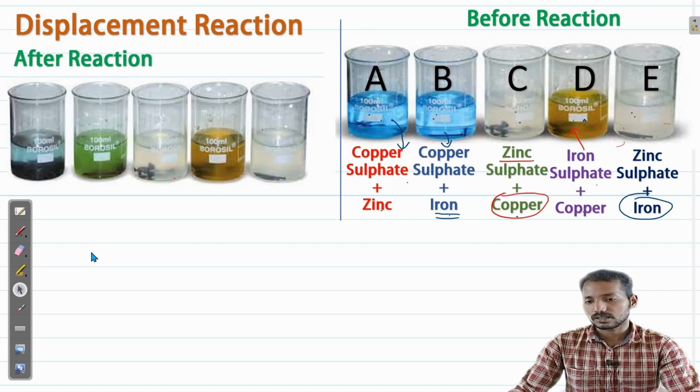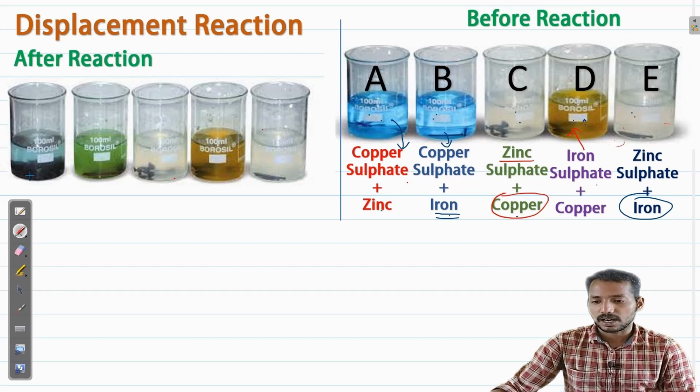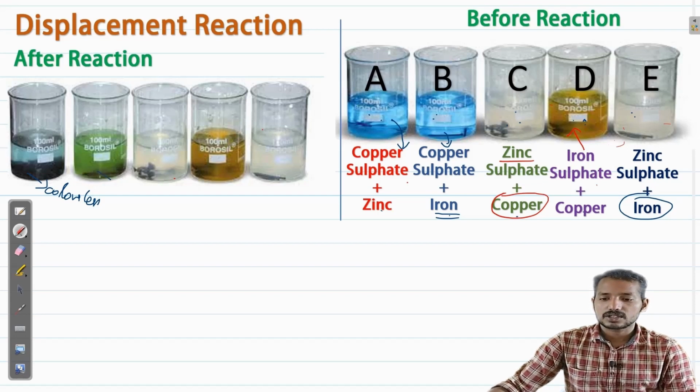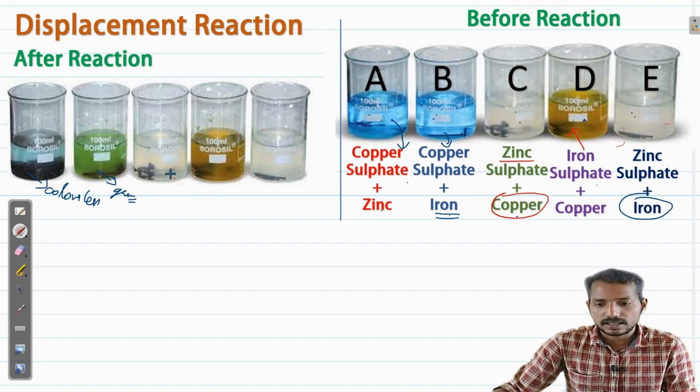After the reaction you can see this one. What happened here actually? This has become colorless, and this has become a light green color. And here you can see what happened.